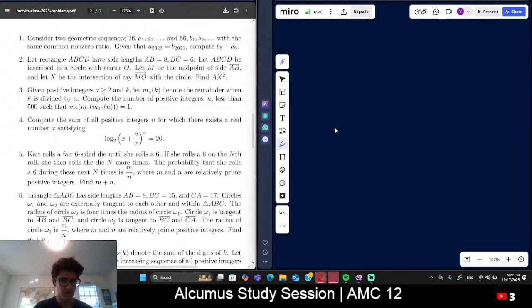Let's think instead. If we have something like 12 works, right? Well, I shouldn't start with 12. I can start with 1 itself. 1 will work. 2 will obviously not work. 3 will work. 5 will not work. What about 6?